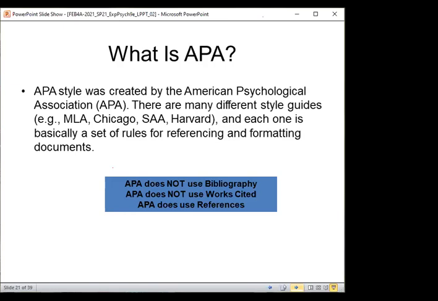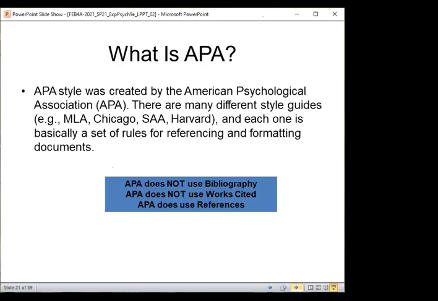Now, a couple of things I want to emphasize here, because I've seen them in even upper class student papers. APA does not use bibliography. So at the very end, when you're citing sources that you may have used for your paper, be it a long paper or a short paper, we normally don't see bibliography in APA, okay? Nor do we see works cited at the very end. What we usually see is references. APA does use references.